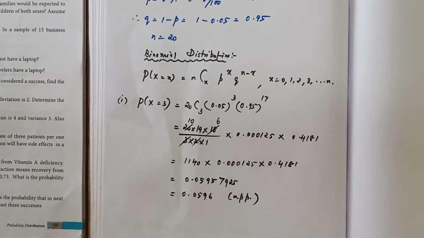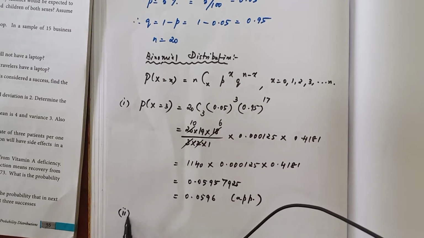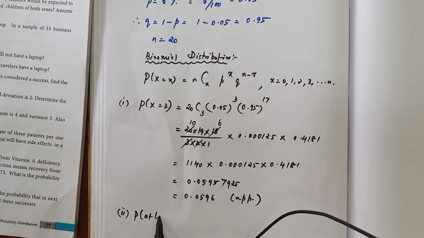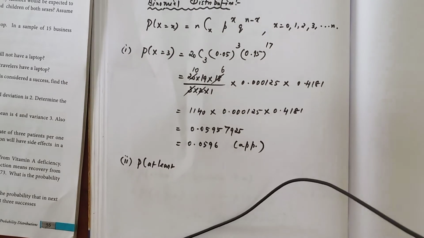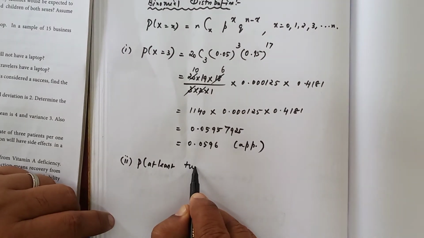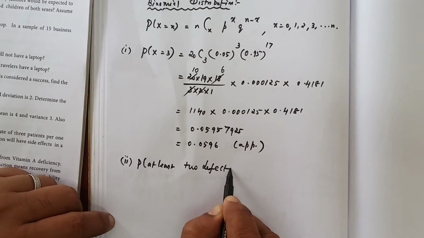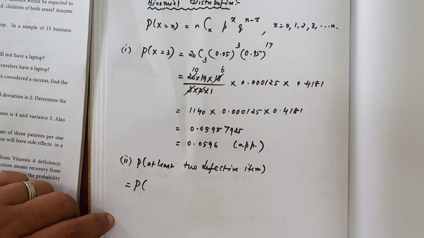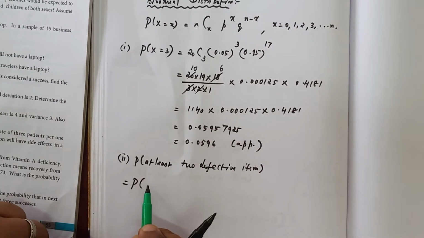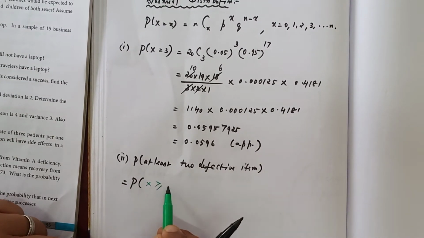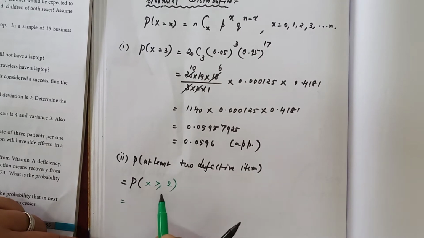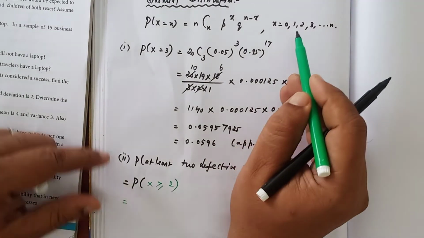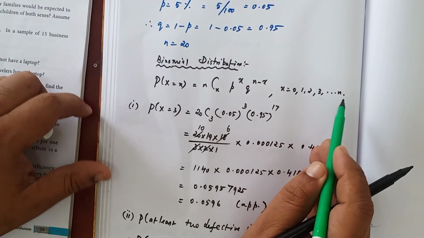Now subdivision number 2: at least 2 defectives. Look at that, at least 2 defectives. Probability of at least 2 defective items equals, for at least the symbol is greater than or equal to, we have 2, greater than or equal to 2, which means 2 to 20, because x is given as 0 to n.